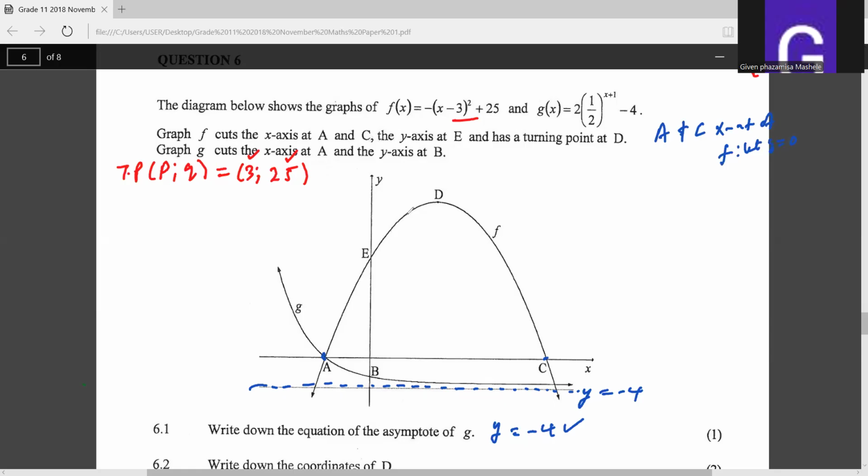The y-axis at E means this is the y-intercept of f. And D is the turning point.